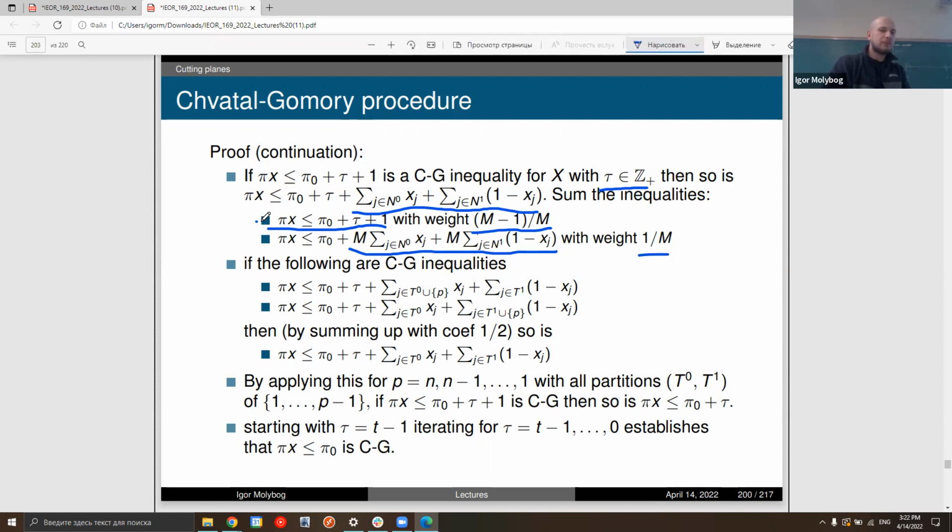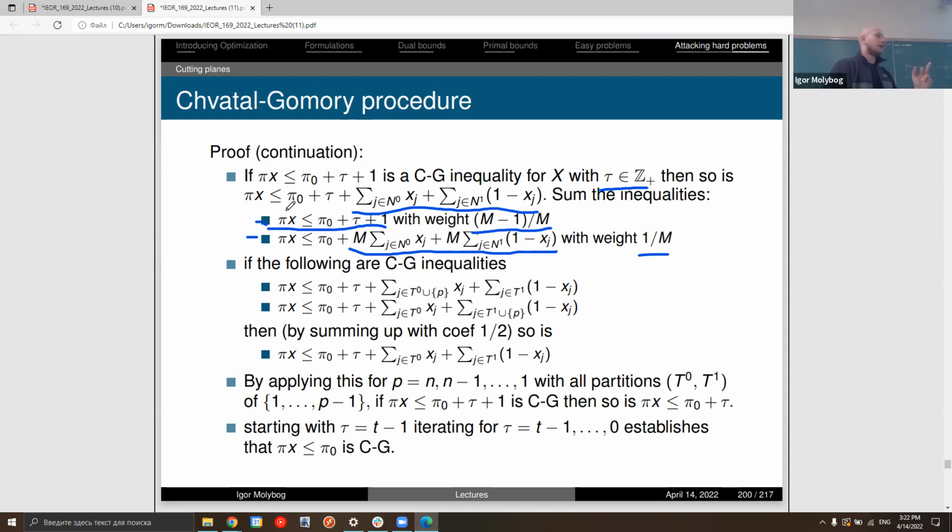So both of these inequalities are valid, and so their summation with different weights is going to be a valid inequality, and the summation of these two inequalities is going to give us this inequality. So basically we have just proven that if this holds, then this holds too for any partition.